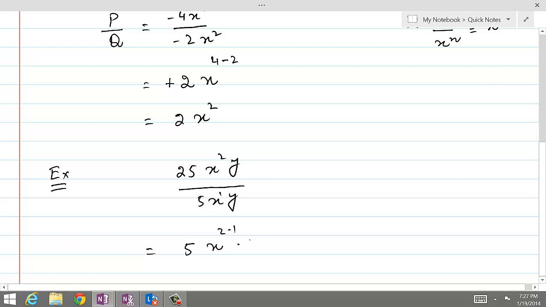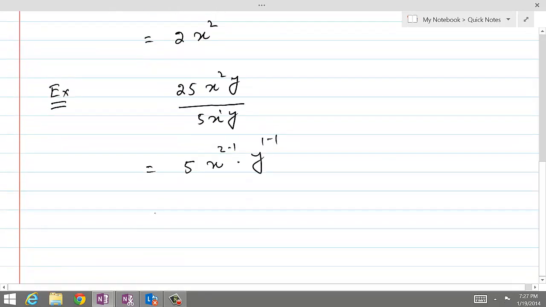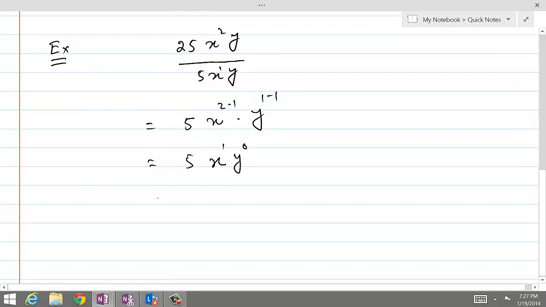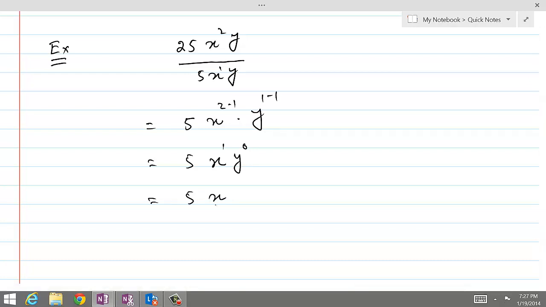And similarly y, in the numerator y has power 1, and from the denominator this can get cancelled, but if we write it this way, we'll get the same answer anyway. This will give us 5x power 1 y power 0, which means anything power 0 is 1. So 5x, and we don't write 1 because 1 multiplied by x will always be equal to x. Therefore, this is the answer.